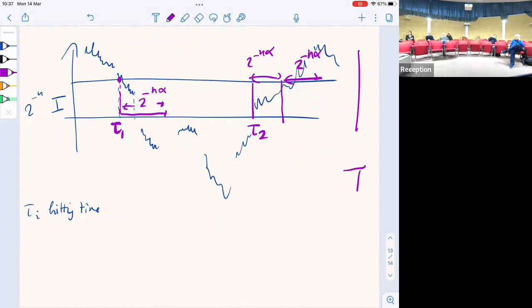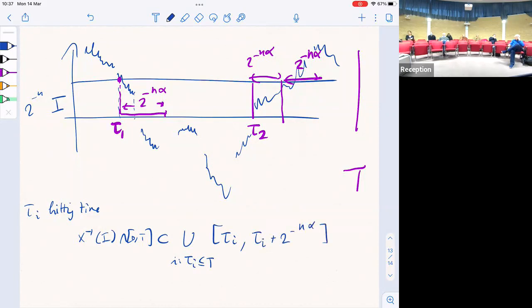So what we can do is to cover this set, I, 0, t, by all the hitting times i such that tau i is smaller than or equal to t. And every time I have a hitting time, I'm going to include the interval of size 2 to the negative n alpha, plus minus epsilon for this. Okay, so this is the strategy.